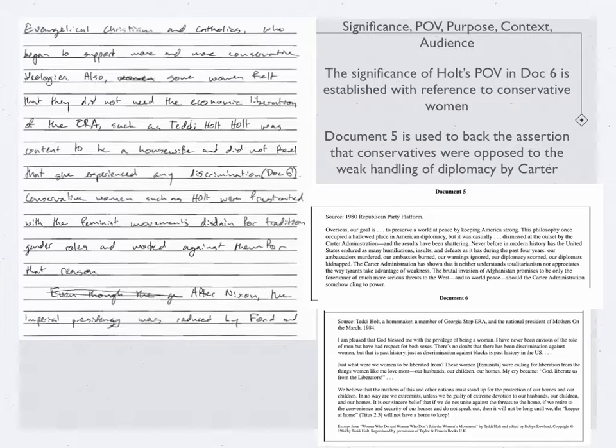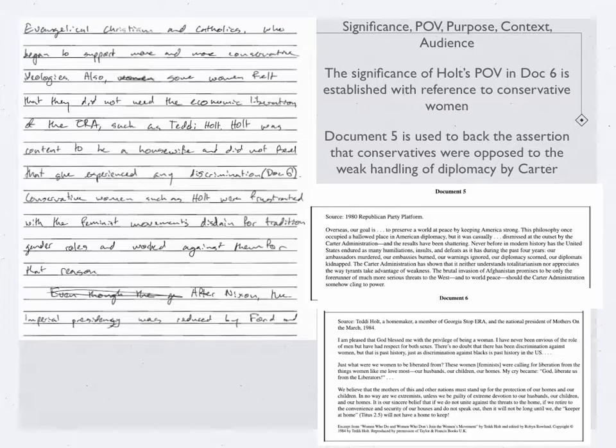And the author of the paper is very good with using Holt's point of view with reference to the conservative women, and to talk about the weak handling by Jimmy Carter as regards these events going on, and as far as the power of the United States at the time.